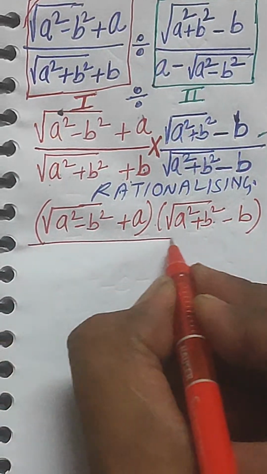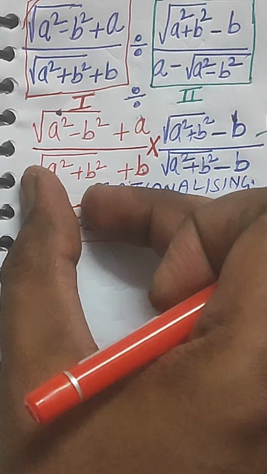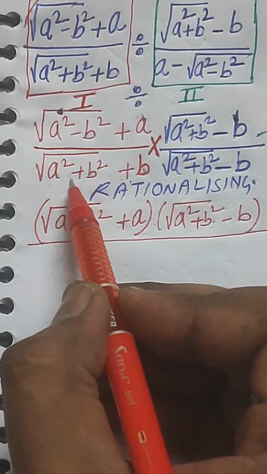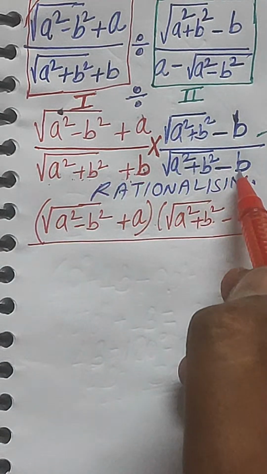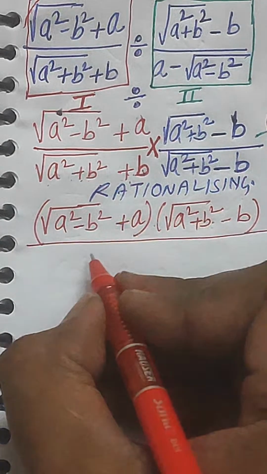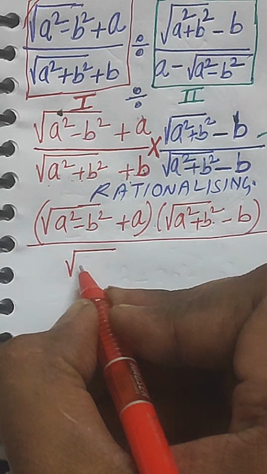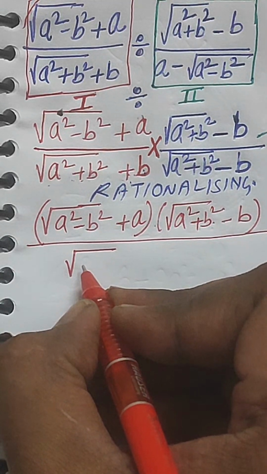Now into the denominator you can see this is root over of some quantity, let's say root over of a square plus b square is x, and if b is y, then x plus y and x minus y will give you the expression in the form of x square minus y square. Yeah, if you remember, a plus b into a minus b is equal to a square minus b square.